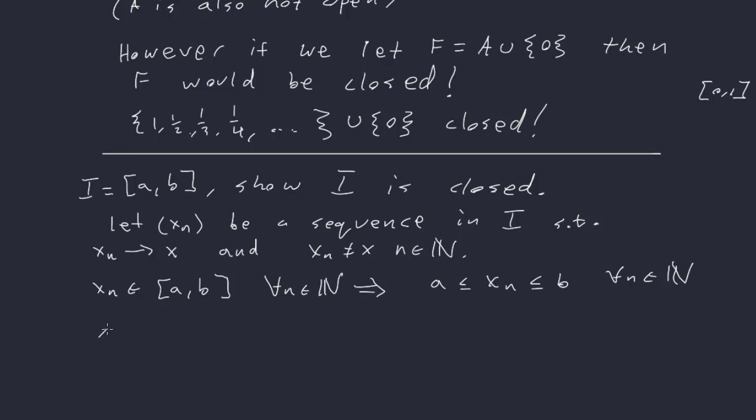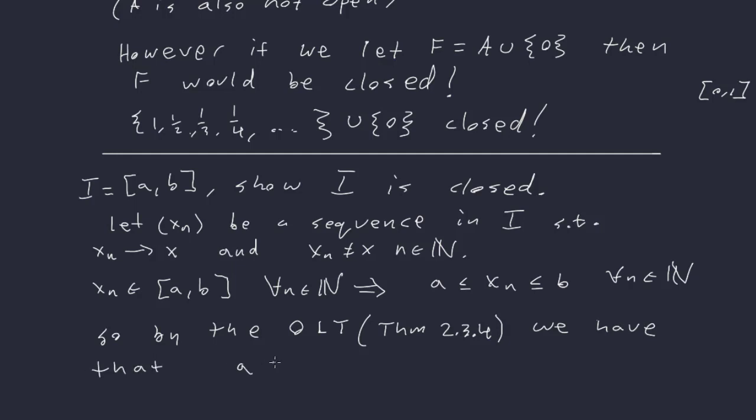By the order limit theorem, the OLT, from the book that's theorem 2.3.4, we have that A is less than or equal to x, which is less than or equal to B. It's not exactly a squeeze theorem so much as we can just take the limit of all of this and get that A is less than or equal to x, which is less than or equal to B, which implies that x is in A to B.